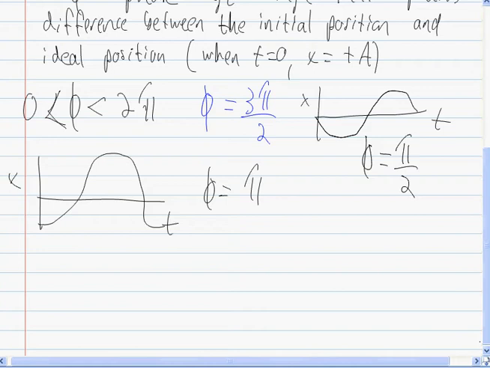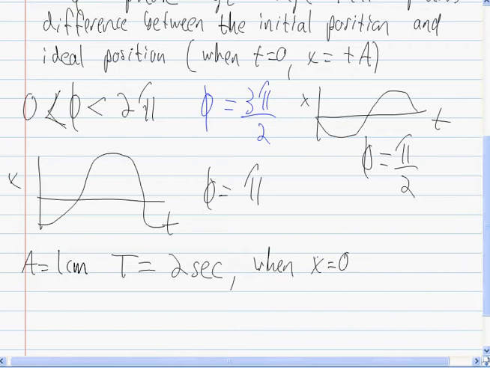A lot of times they'll say, well, what is the phase angle? Well, let's say that we know that for a given thing, the period is 2 seconds, and that the amplitude is 1 centimeter, and that when t equals 0, x is negative 0.5 centimeters.